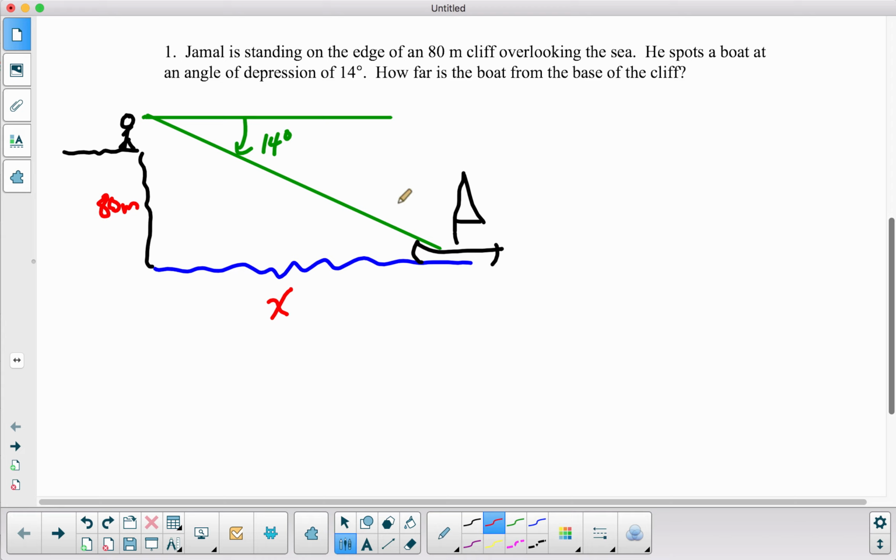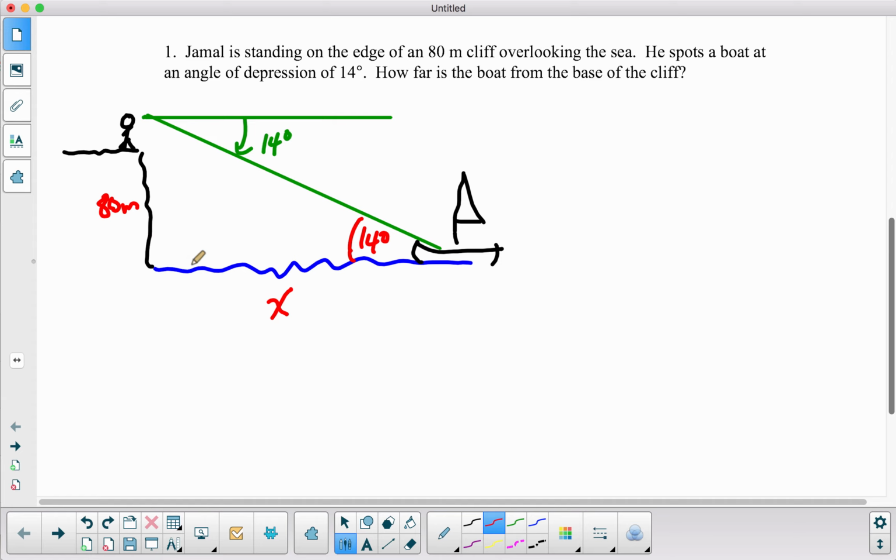So we have a horizontal line here, and we have a horizontal line here. And if we use the Z pattern, then we know that this interior angle is the same as that 14 degrees there. So we have 14 degrees here. That's a nice, easy option because we don't have to do any calculation, and we just use that Z pattern to find the angle inside this triangle.